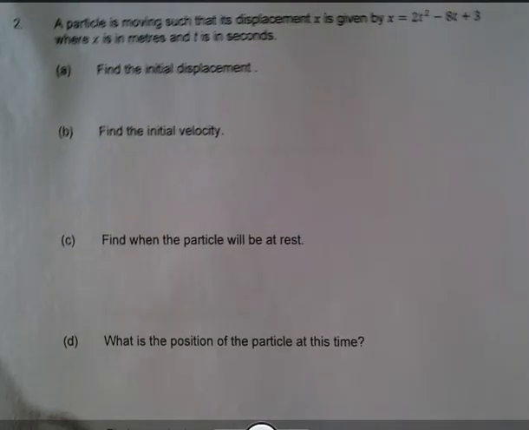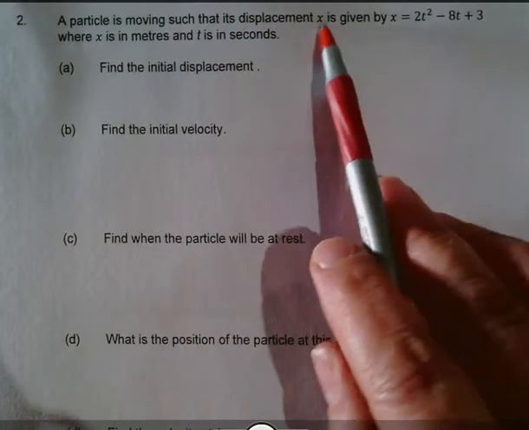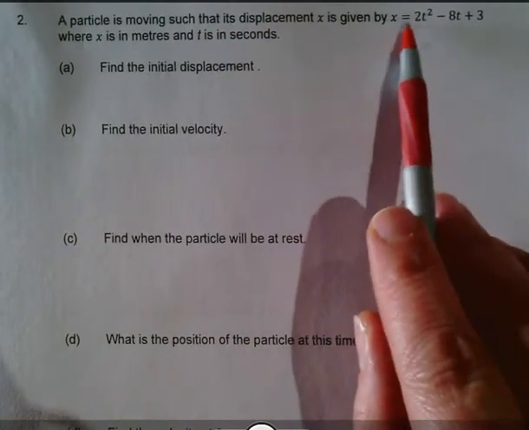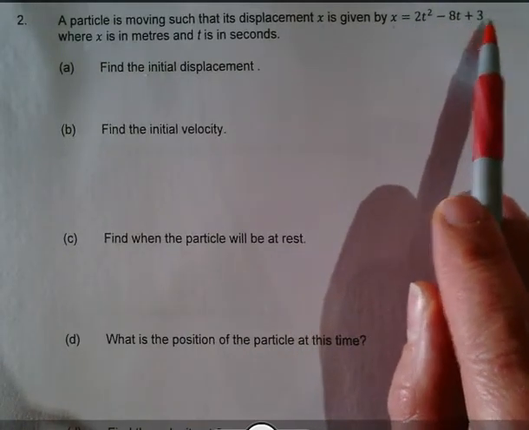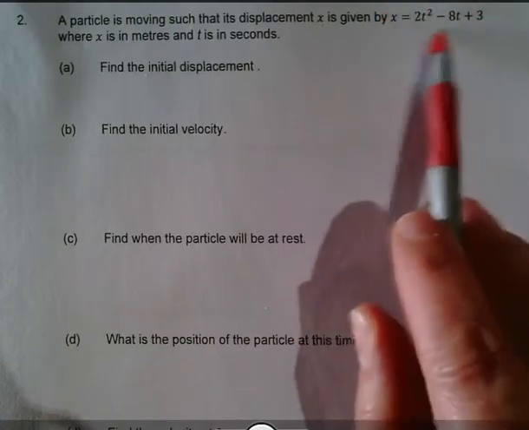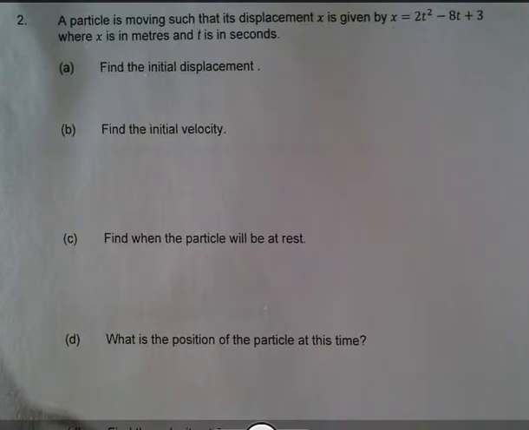Okay, question 2. A particle is moving such that its displacement x is given by x equals 2t squared minus 8t plus 3. Now if you look at that, you'll recognize that as a concave up parabola. Okay? And I've actually got it sketched further down on the page.